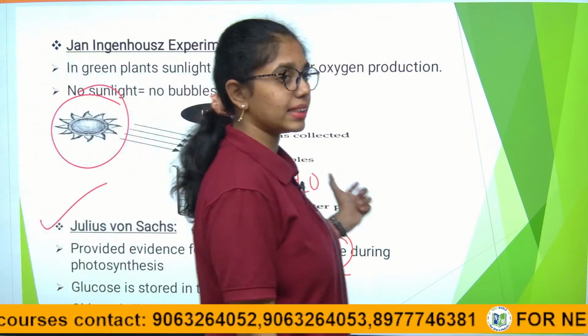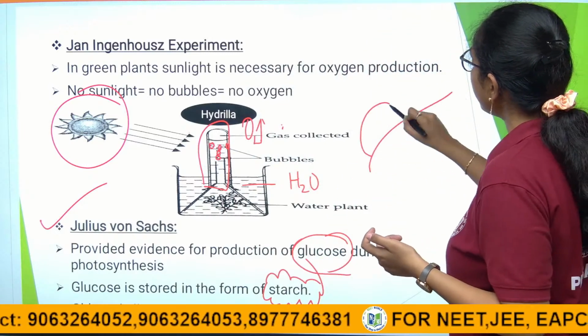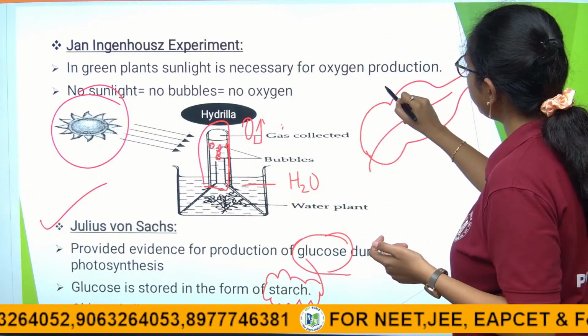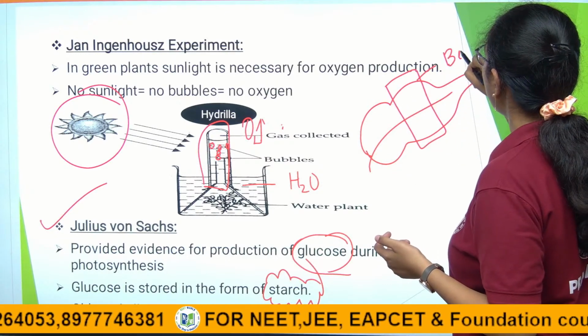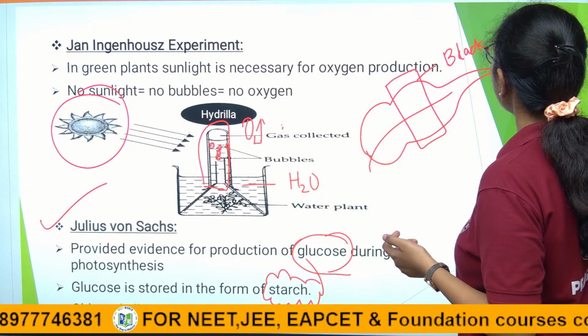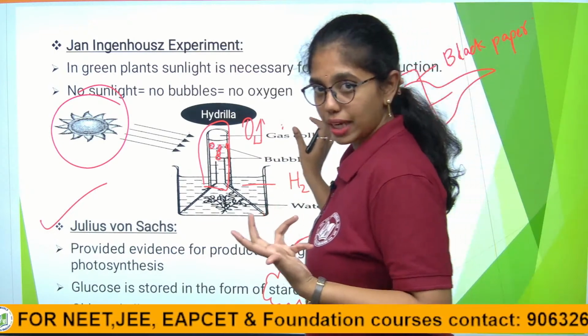He also did the same experiment, but not with a variegated leaf. He took a leaf and placed a black sheet or black paper over it, and exposed that plant to sunlight.